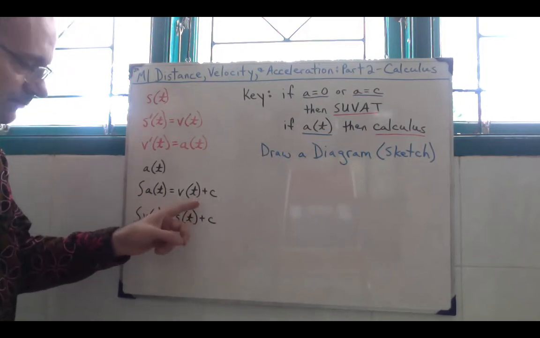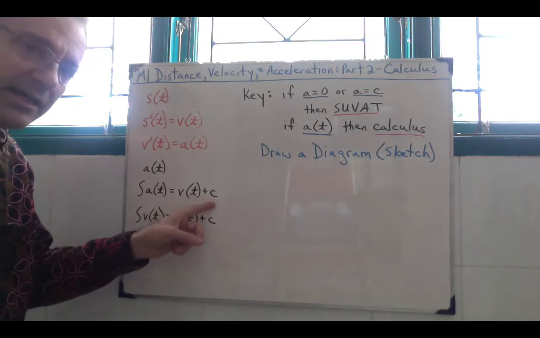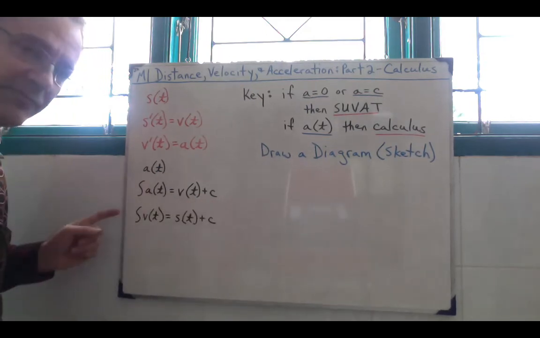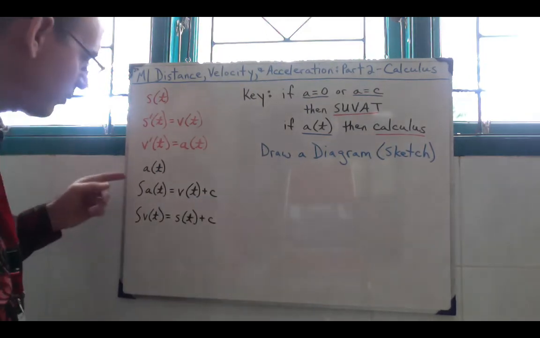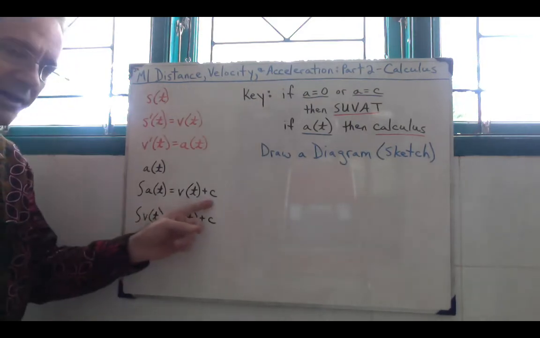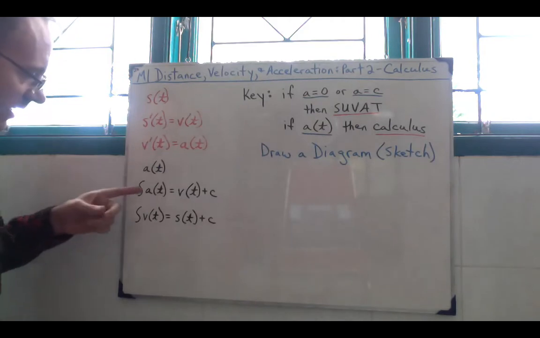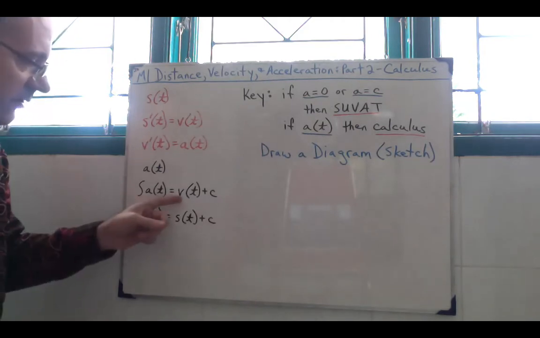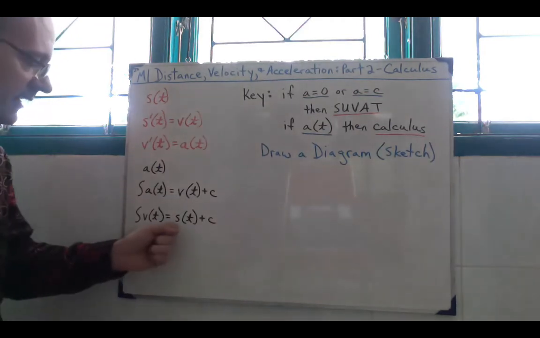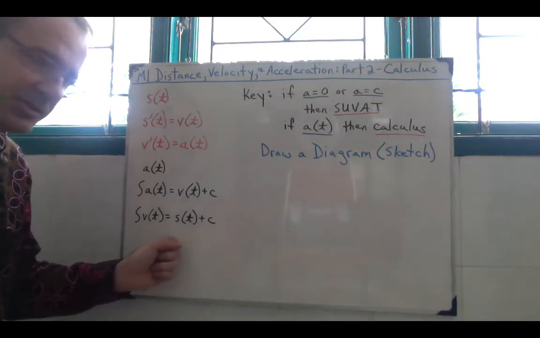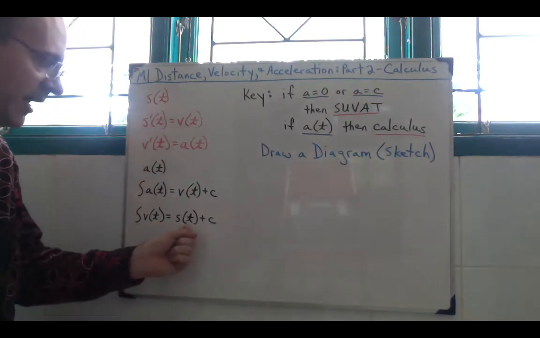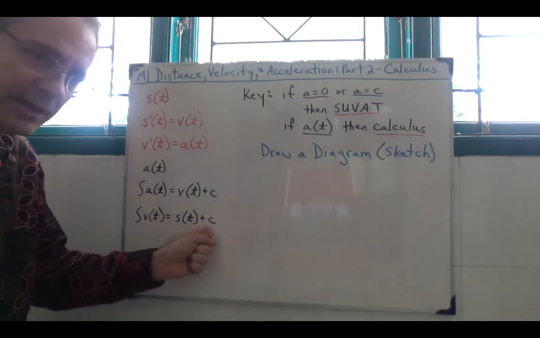And then don't forget the plus c, because these are indefinite integrals. With an indefinite integral, you need the plus c. Also, if you integrate your velocity function, then you get your position function or your displacement as a function of time. And then again, don't forget the plus c.